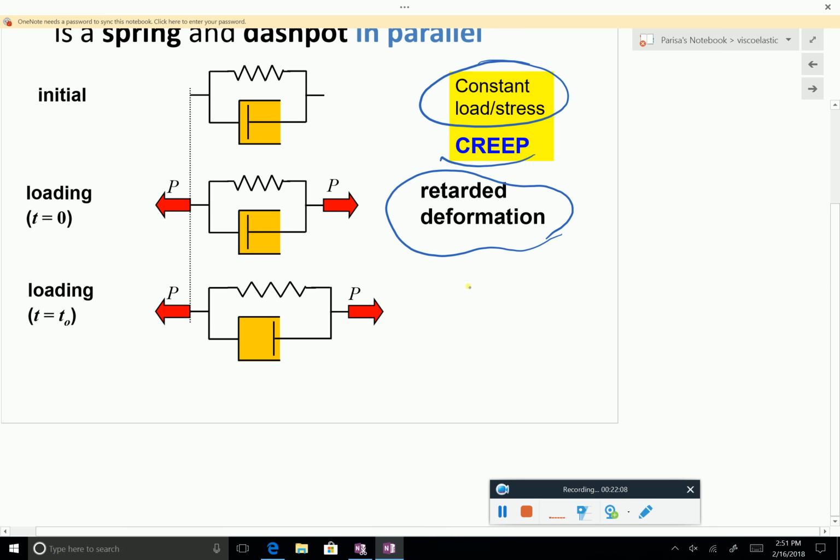Here you can see that sigma is equal to sigma E plus sigma V. The force that you apply is going to be carried by a spring plus dashpot. And if you want to look at creep, we want to see what happens if this is constant. Now, we know how to relate epsilon and sigma for elastic and viscous material. For elastic, sigma is E epsilon.